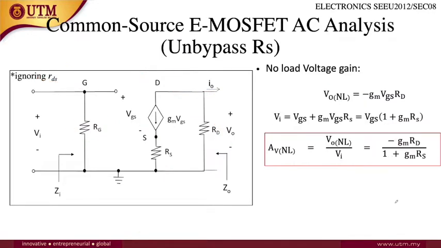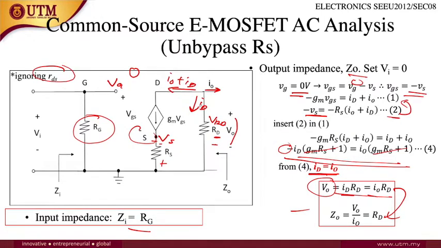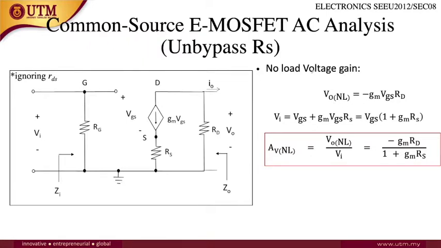Next, this is the common source MOSFET AC analysis for unbypassed RS, which is the same as this. What we need to do now is calculate the voltage gain, the no load voltage gain.